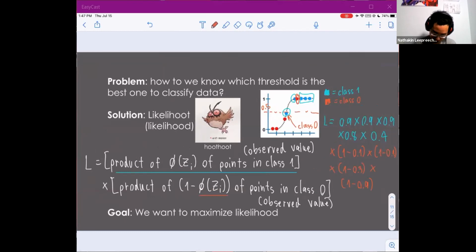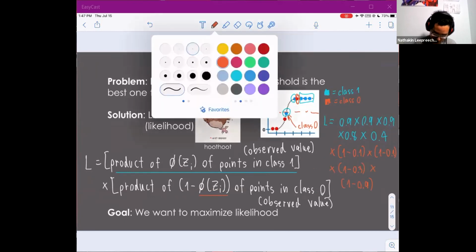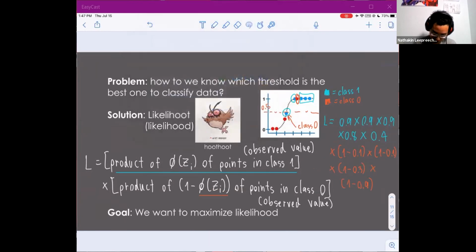So that's our equation. Let me do the calculation real quick: 0.9 times 0.9 times 0.9 times 0.8 times 0.4.